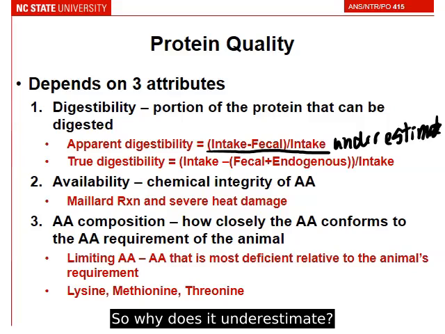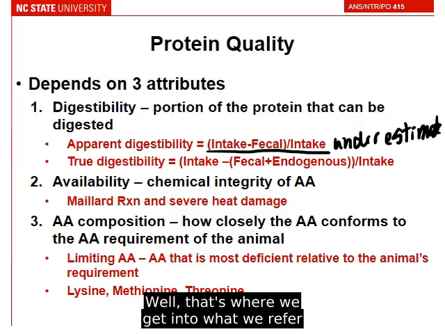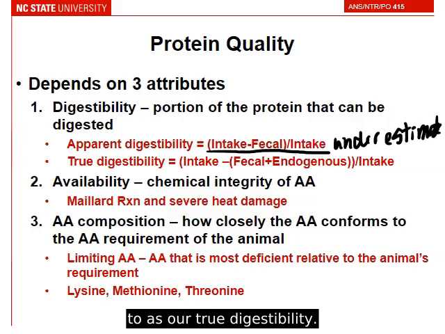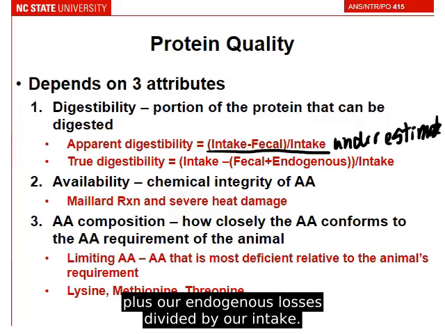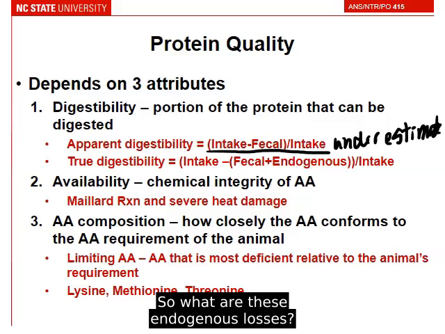So why does it underestimate? Well, that's where we get into what we refer to as our true digestibility. Our true digestibility is our intake minus our fecal plus our endogenous losses divided by our intake. So what are these endogenous losses?